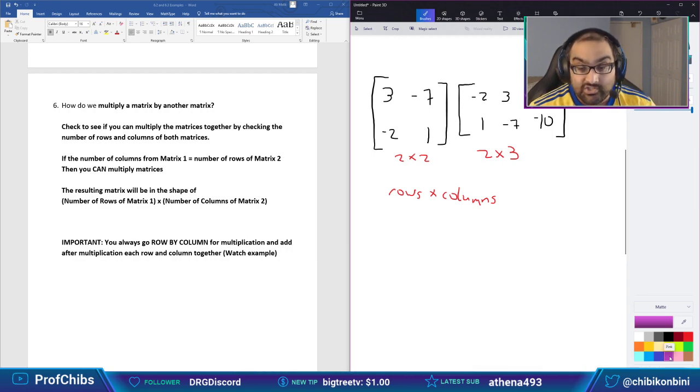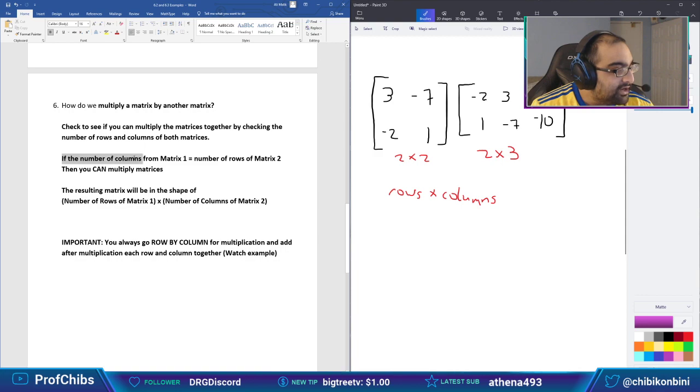We're checking to see if we can even multiply these together. So here's the way it works. To see if we can multiply, if the number of columns from matrix 1, that being this first matrix, equals the number of rows of matrix 2, then you can multiply matrices.